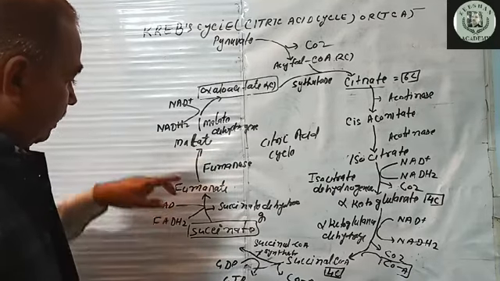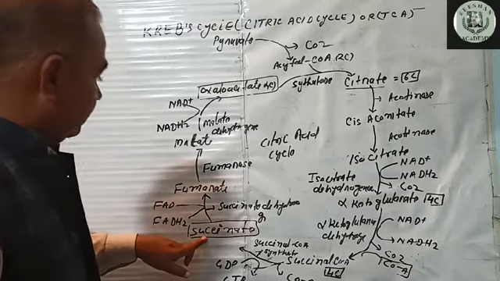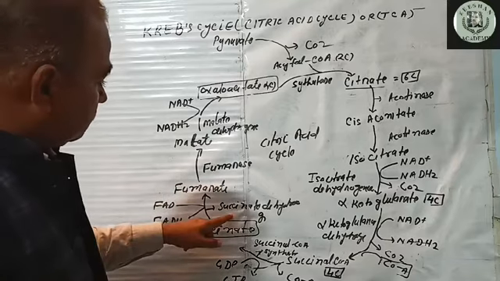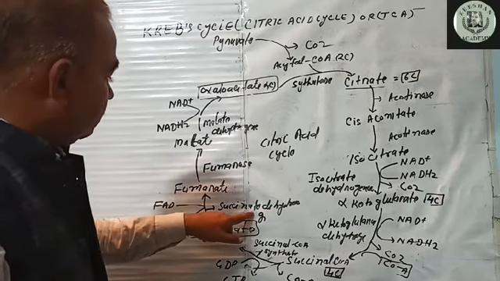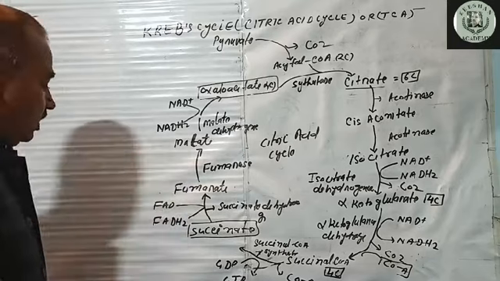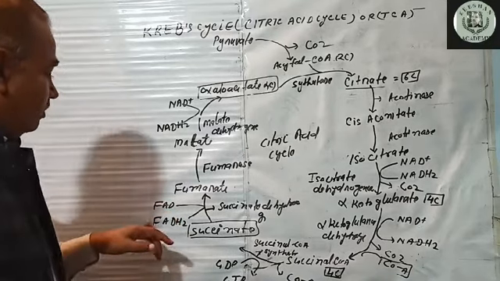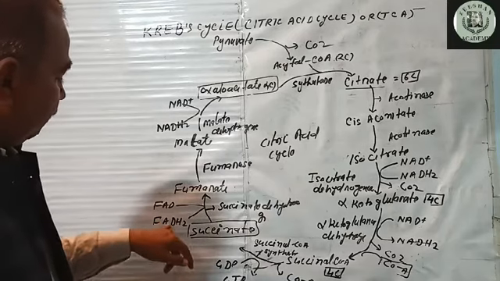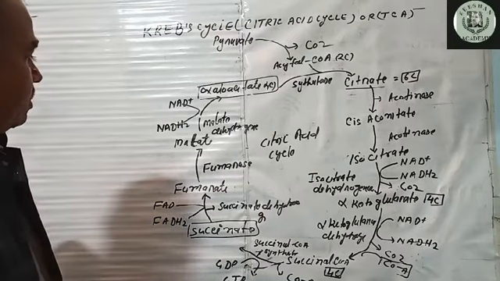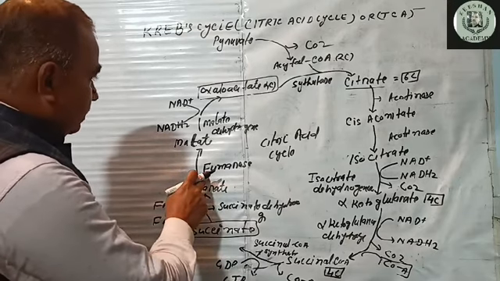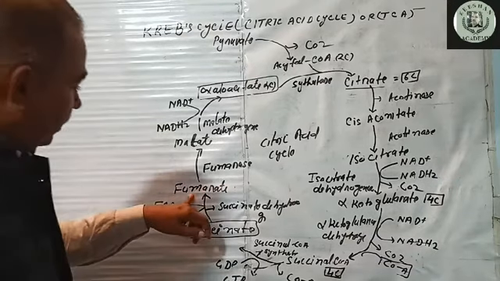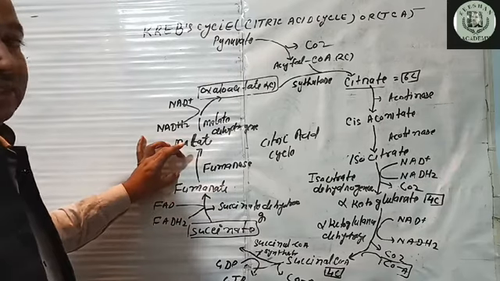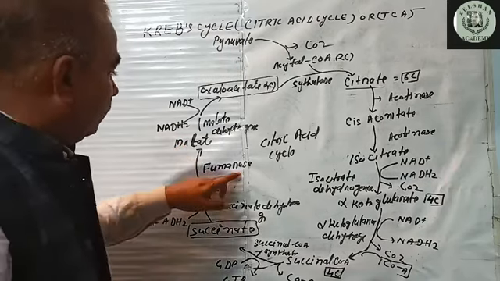Finally, in the next step, succinate is converted into fumarate with the action of succinate dehydrogenase. Here once again 1 FAD molecule is converted into FADH2. In the next step, fumarate is converted into malate, and this step is catalyzed by the enzyme fumarase.